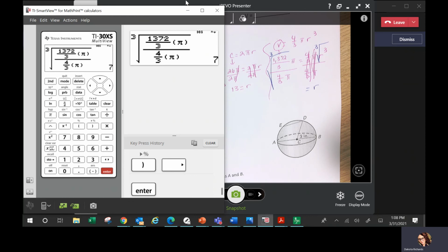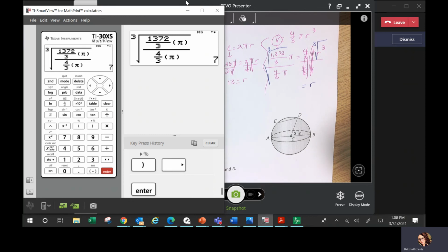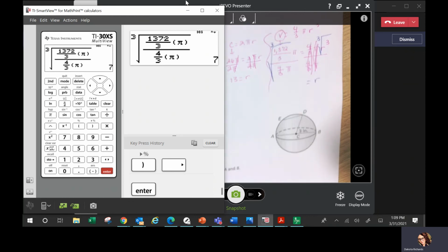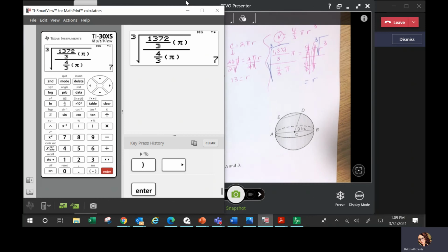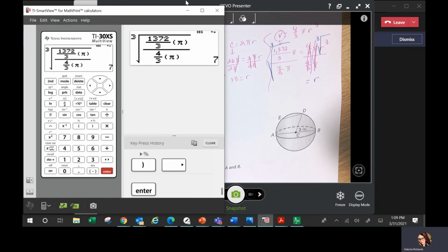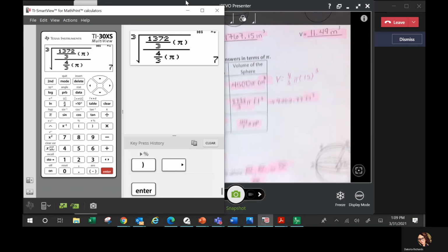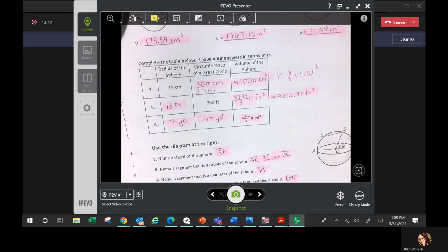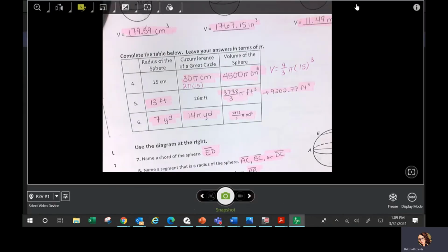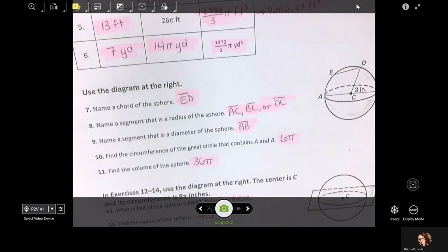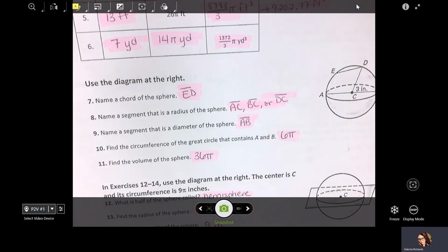Okay, so that is the table. What other questions did you have from yesterday's homework? I wrote it down, but I can't see it. There's 7 through 11.